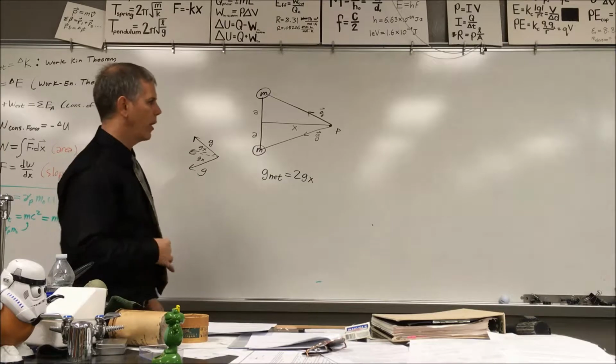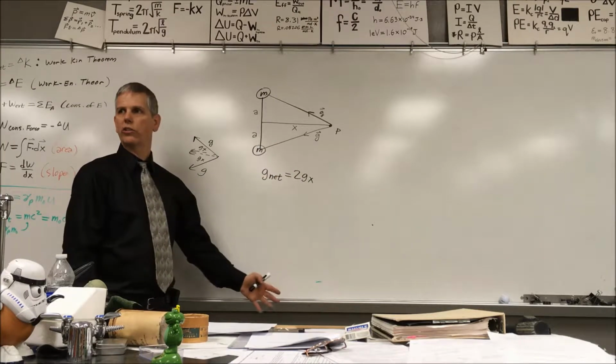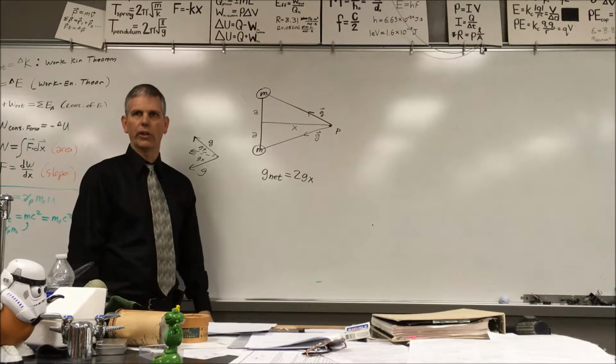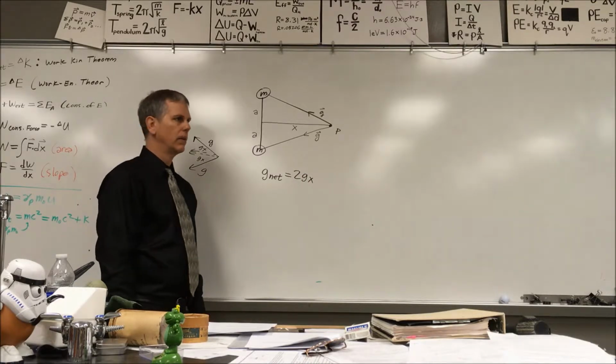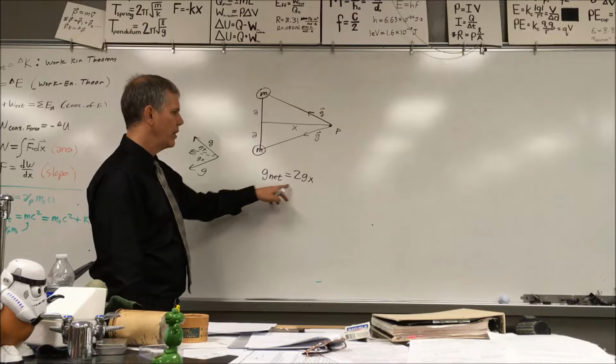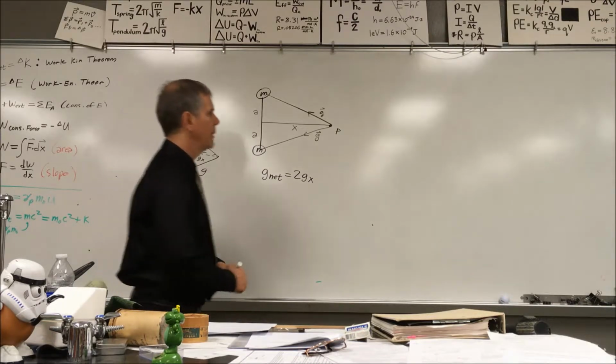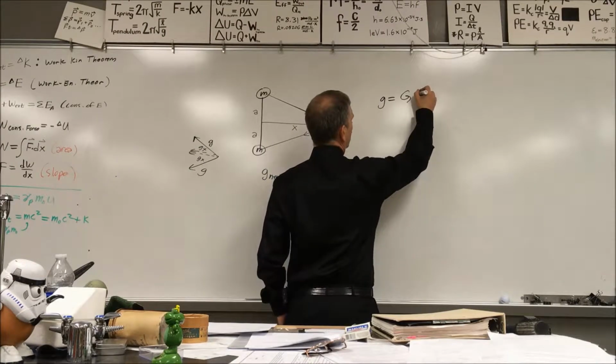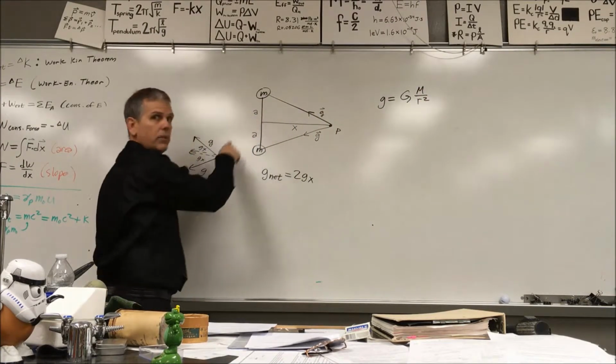What I'm trying to do is work from large structures to detailed structures, because clarity of writing is clarity of thought. So now, we know what g is, because g equals big G, big M over r squared, where those would be the m's.